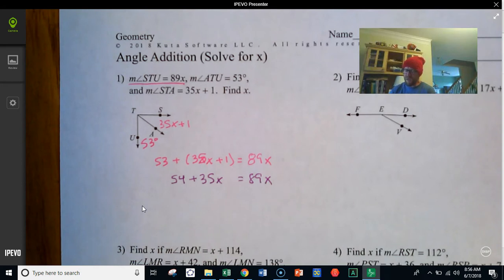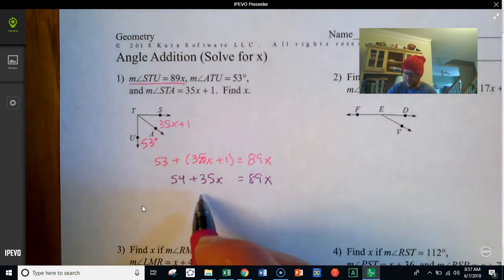I got all my variable terms. My ultimate goal is to get the x by itself, which means we first have to get a single x term. Right now we have two x terms. So we need to take away one of those two. And I think the one I'm going to take away is this 35x. So we're going to subtract 35x from both sides. So that leaves me with 54 over here.